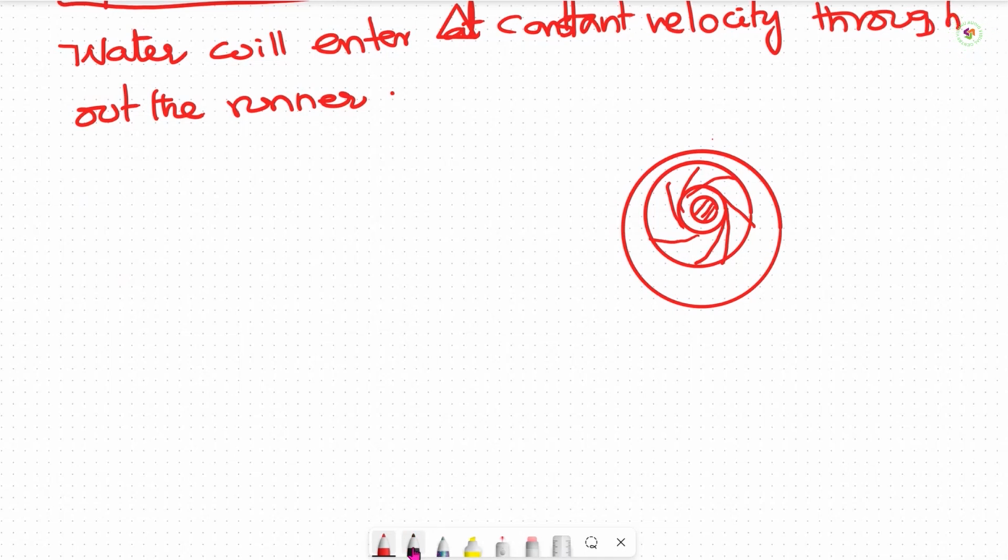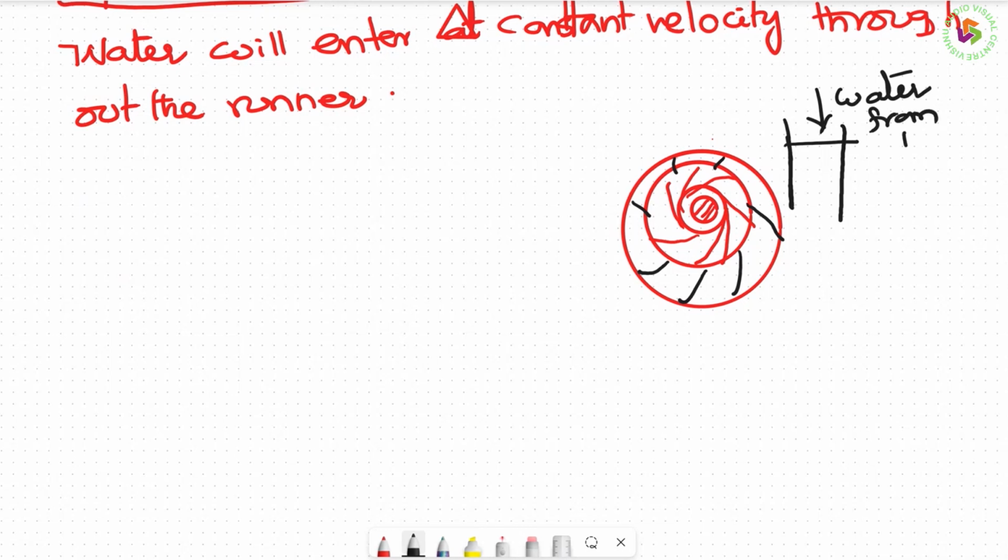This is called as guide mechanism. Understood? This is the guide mechanism. Over the guide mechanism, this casing will be there. This is the water from the penstock.